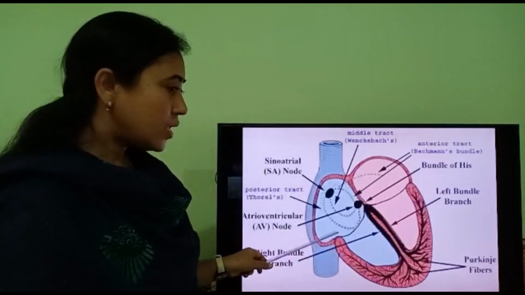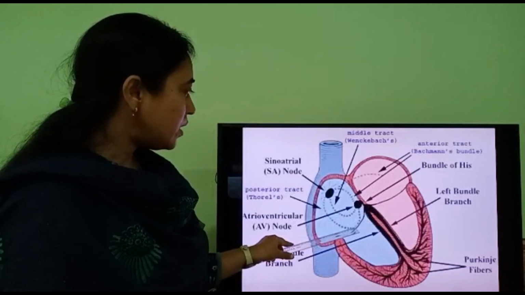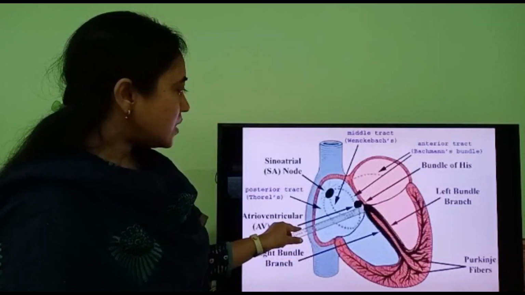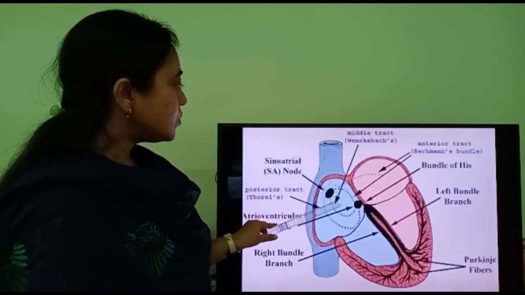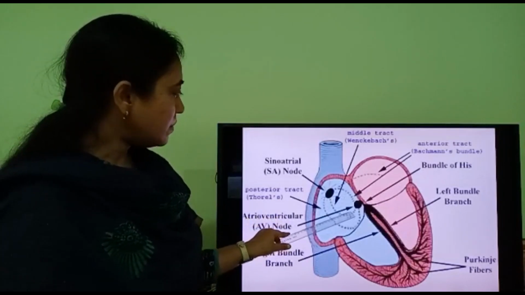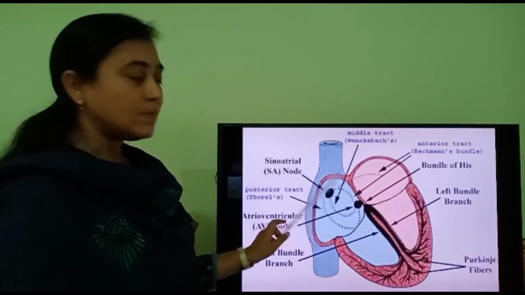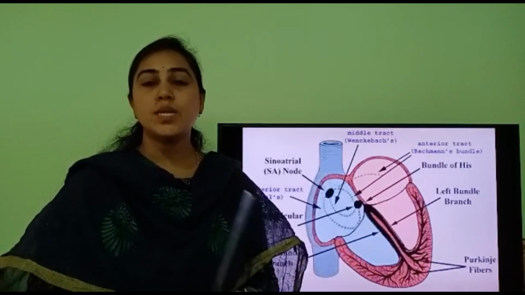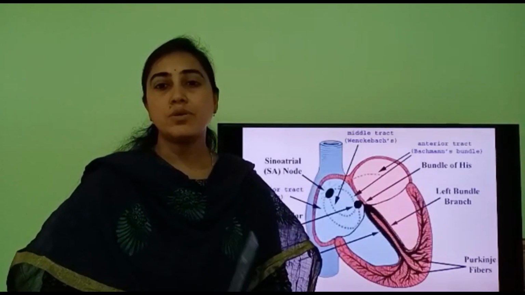The coronary sinus opens into the right atrium, and here you can see a specific nodal tissue that is called the atrioventricular node.